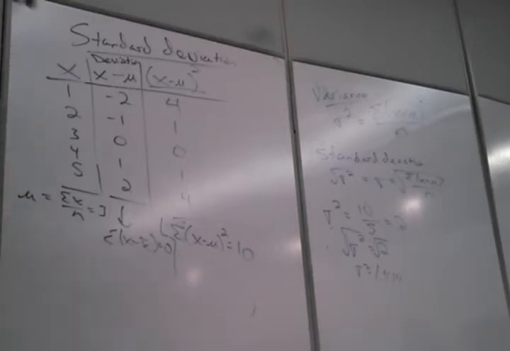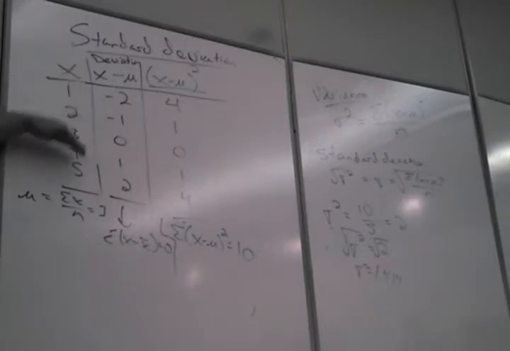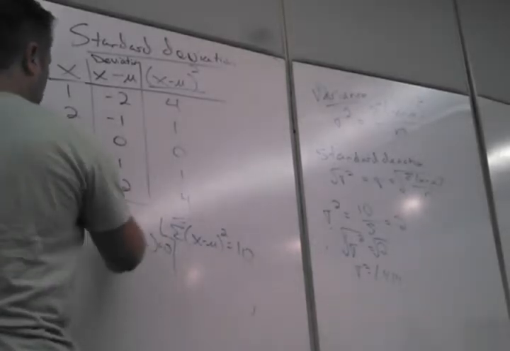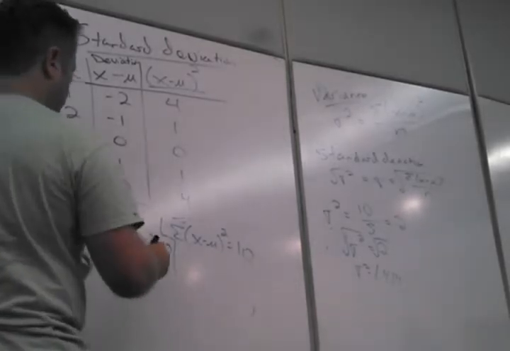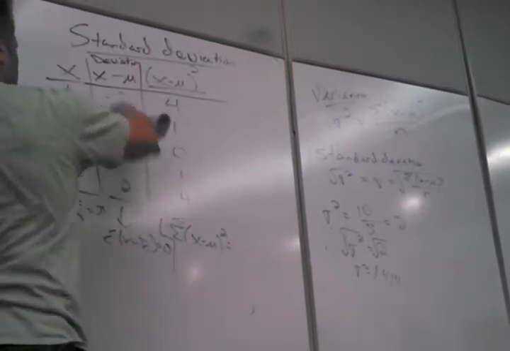So let's do it real quick for the last list of data. Remember, this one is 1, 2, 3, 4, 5, and the last list was 1, 1, 3, 5, 5. That's still 3.